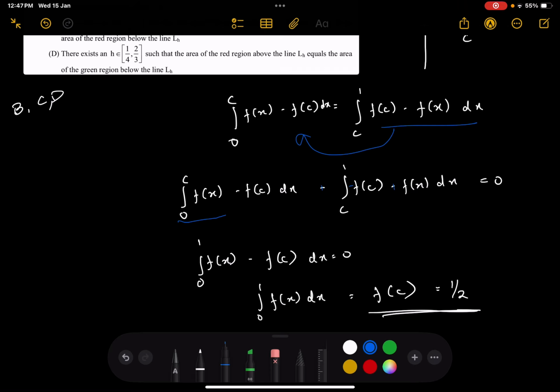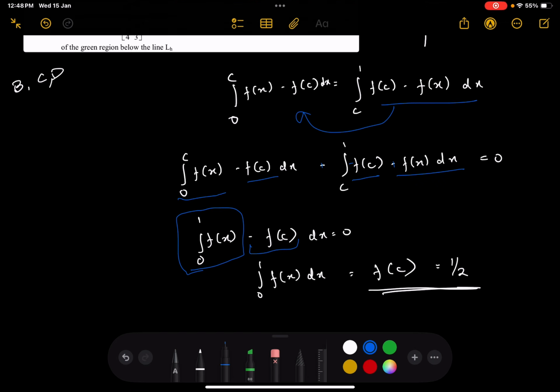So we'll get c to 1 f(x) dx added to it, which will become 0 to 1 f(x) dx. And similarly 0 to c f(c) and c to 1 f(c), both are negative, so they'll add up like this, and we'll get 0 to 1 f(c).